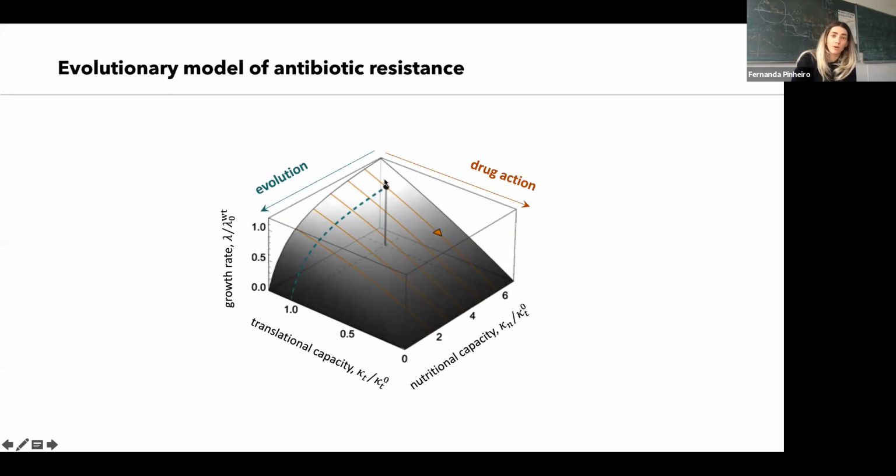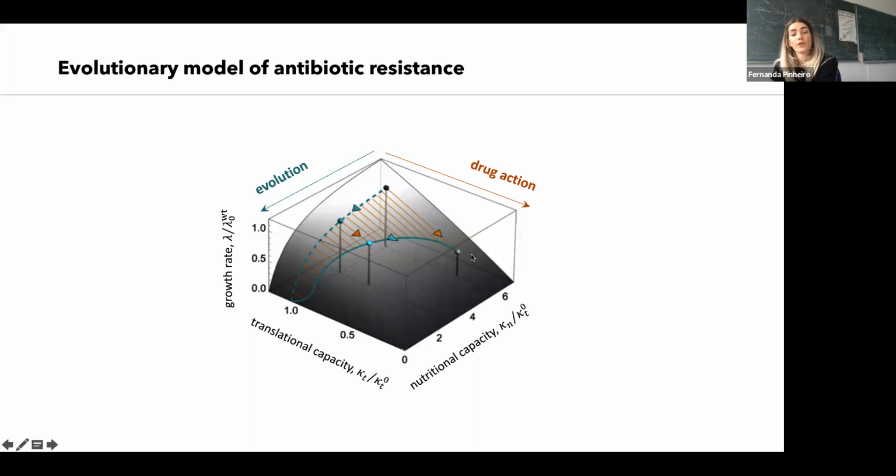Since now we know how these mutants are growing, the fitness model establishes a fitness landscape at any given drug level. We just need to specify what is the drug level we're interested in studying. And the cool thing about it is that it allows us to identify the mutant that at any given drug concentration will have the highest growth rate. So for the one that was used in this line, we have this dot.